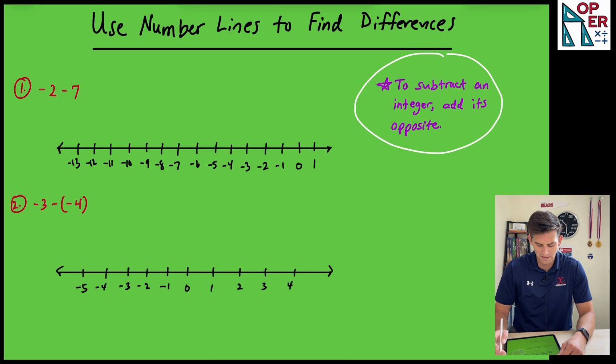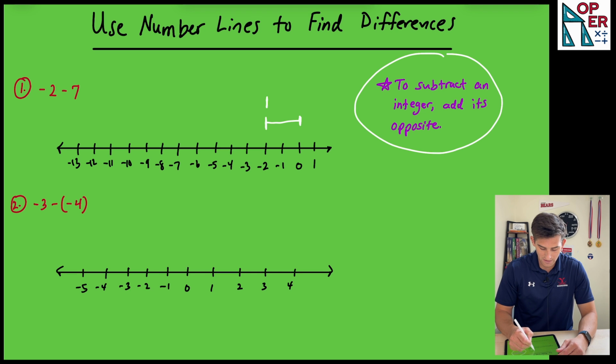So remember, when we use number lines to find sums or differences, we want to start at 0 and we want to move left for a subtraction or a negative movement, and we want to move right for addition or a positive movement. So we're starting with -2, so I'm going to start here at 0 and move left here to -2, and then now I'm starting at -2 and we're going to go left 7 more units because it says -7.